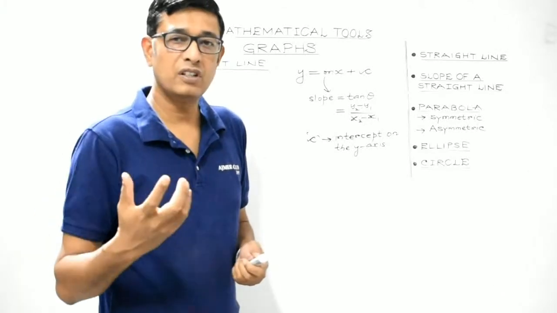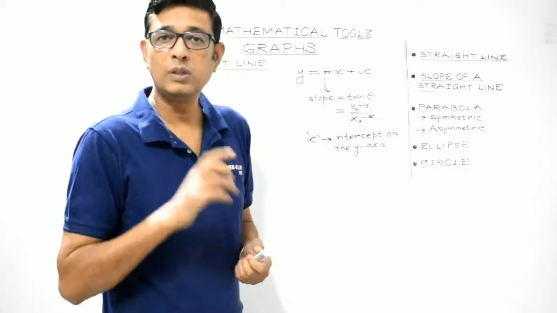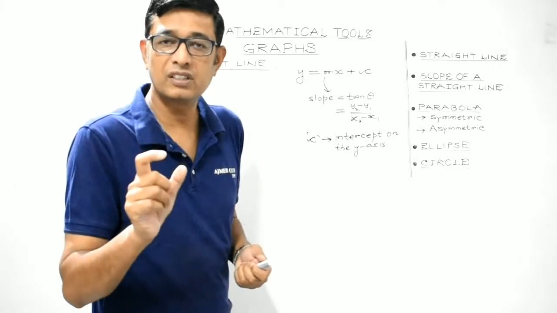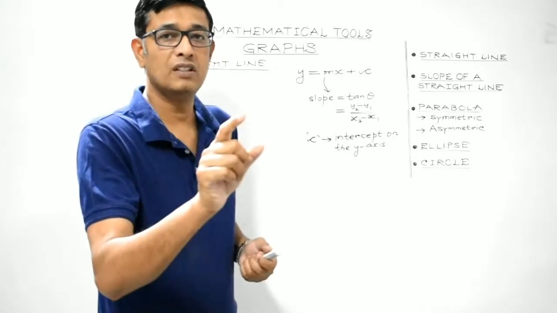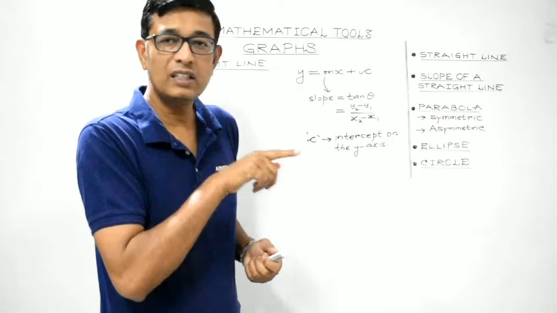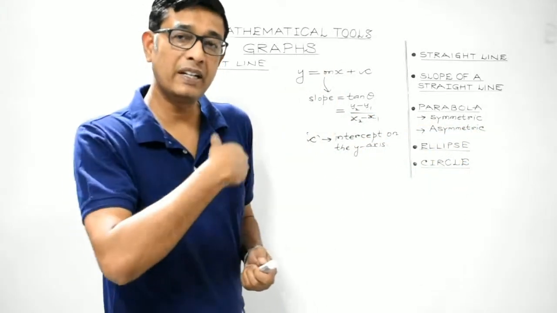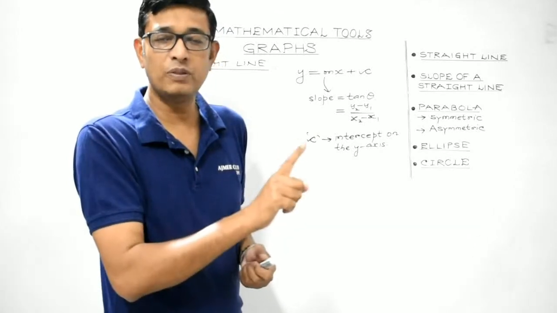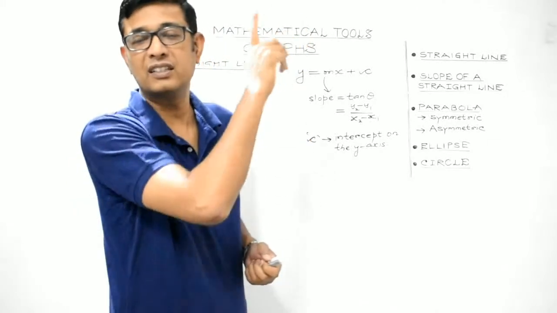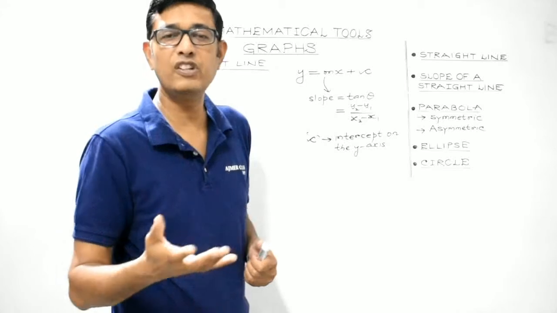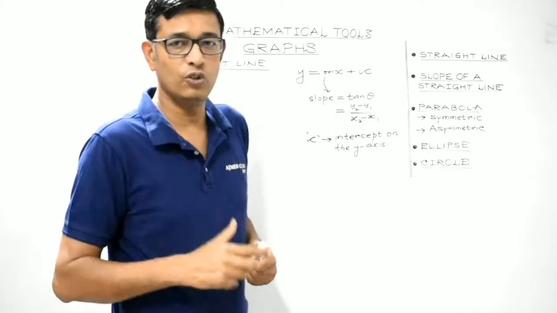As a convention, just make sure to represent the physical quantity which is the independent variable along the horizontal axis, that is along the x-axis, while the dependent variable should be represented along the vertical axis, that is along the y-axis. So this is the convention which we generally follow, right?